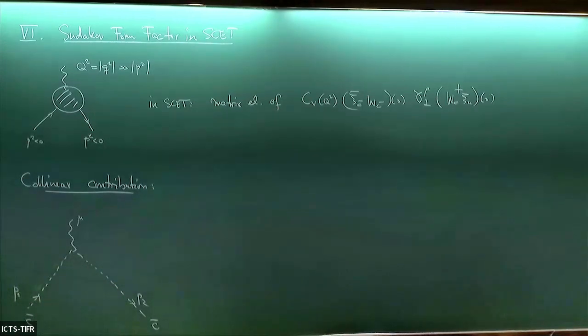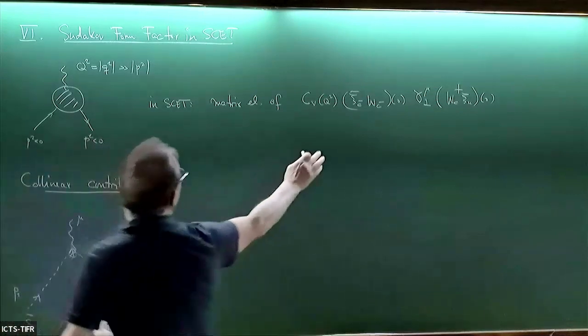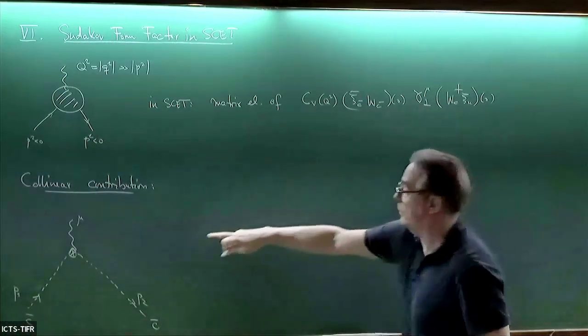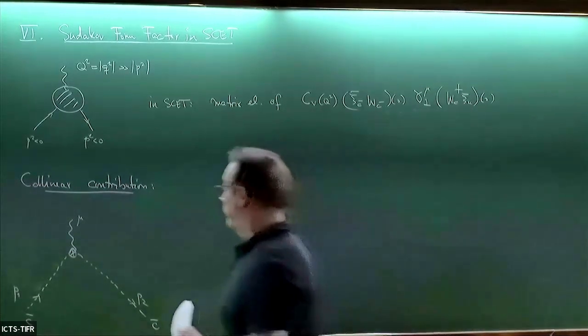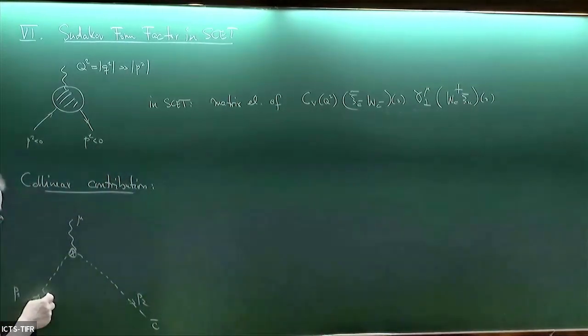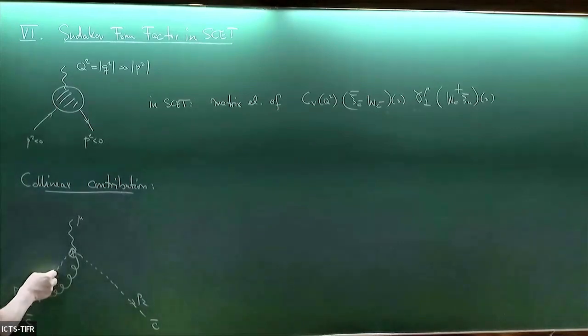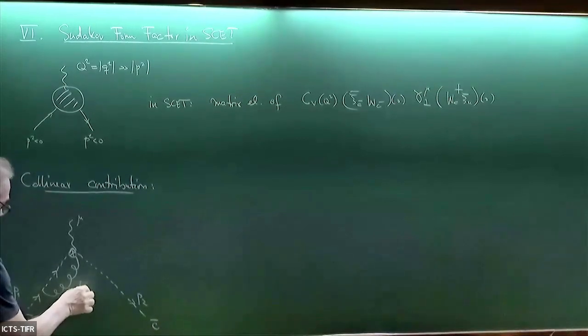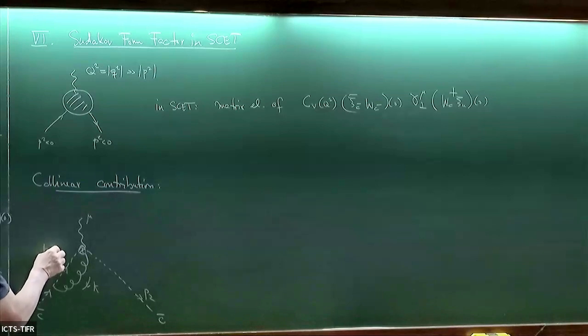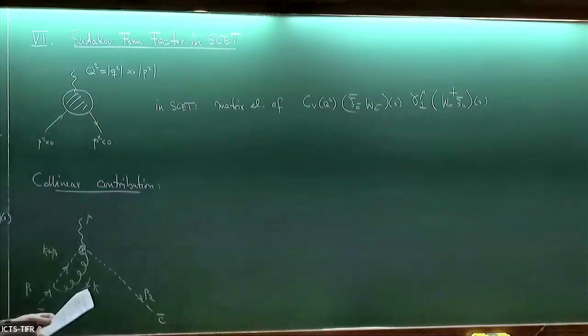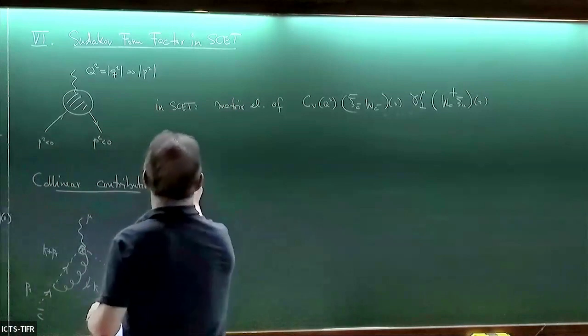However, remember I have collinear gluons in the Wilson lines. And the Wilson lines sit here at this vertex where we have this operator. This operator is the cross up there. And here I have a collinear gluon. So I can draw a diagram where the collinear gluon goes into the Wilson line. Then I have loop momentum K here, and here I have loop momentum K plus P1. I will work in Feynman gauge.